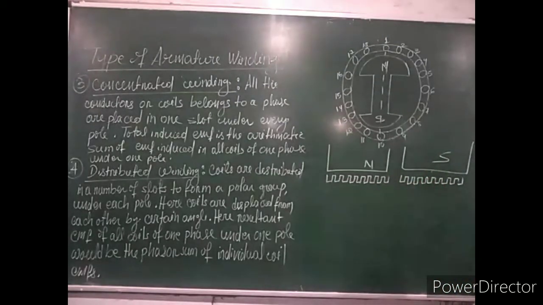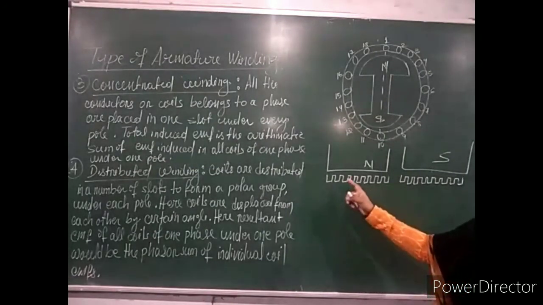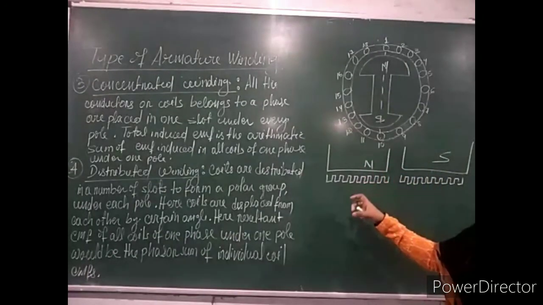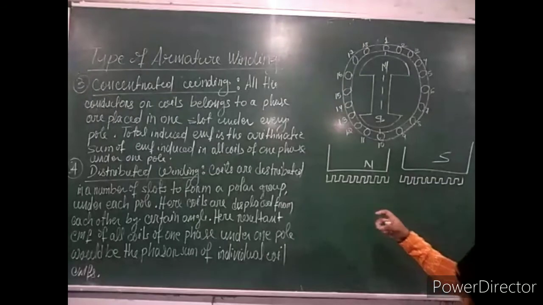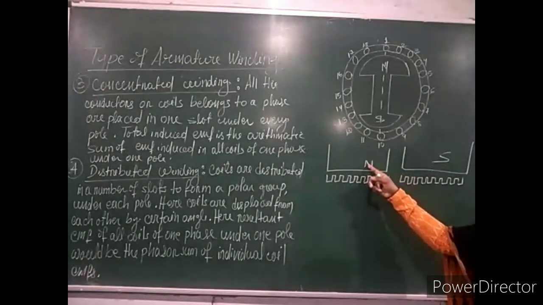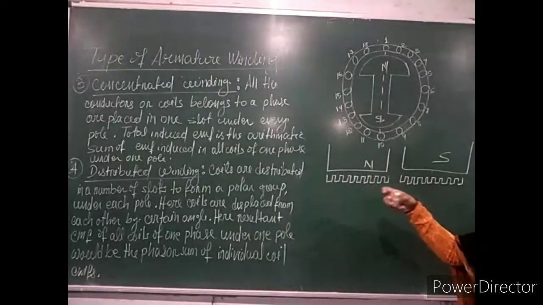What is concentrated winding? According to the definition, here all the coils under each pole that belong to each phase are concentrated in a single slot. So how many slots, if I see North Pole and South Pole, come under each phase? Here through mathematical calculation we get 3 slots under each pole under each phase.